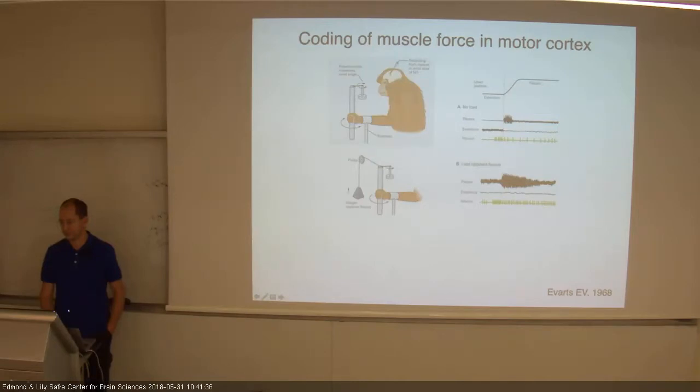The extensor was not activated at all in this case. This neuron really followed the power and didn't follow just the kinematics. This activity above is much smaller than this activity. So that's one condition. And you can also do the symmetric condition, where you put the load on the other side. That's what he did.